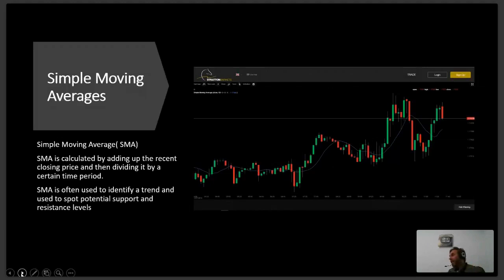So say, for example, they take the closing price of an asset and divide it over, say, the last 10 trading sessions. Now, the simple moving average is often used to try and identify a trend and at the same time used to spot potential support and resistance levels.